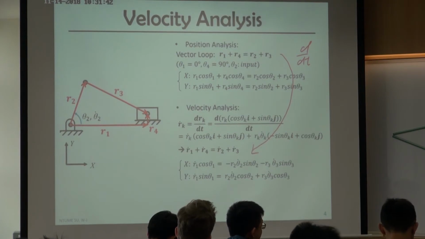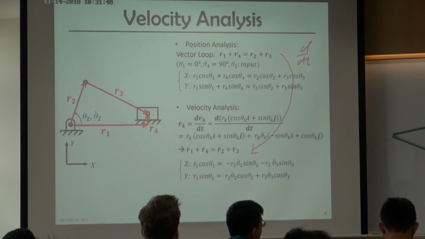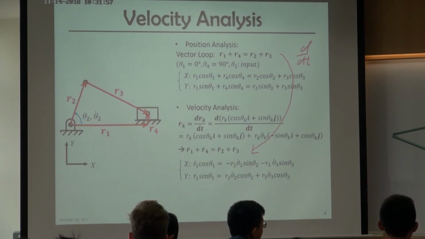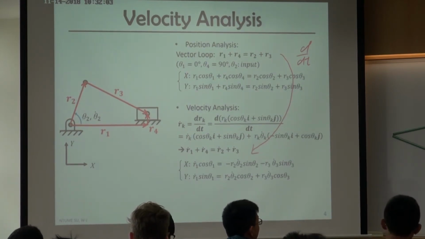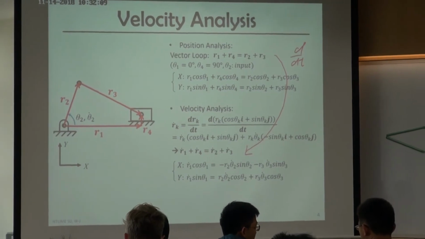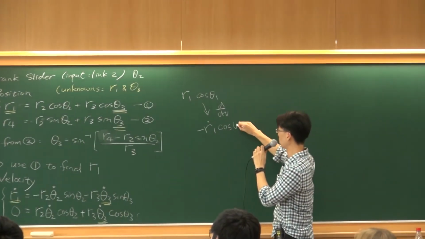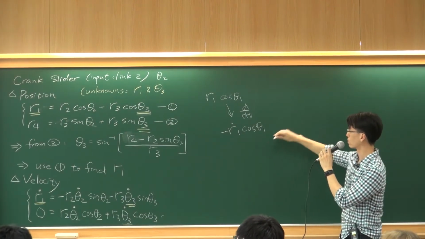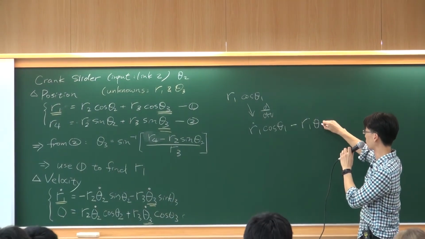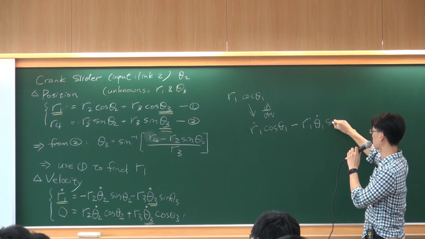So you can simply take the time derivative of these equations. For R1, the first equation originally has R1 cosine theta 1. When you take the time derivative, you get R1 dot cosine theta 1, minus R1 theta 1 dot sine theta 1.